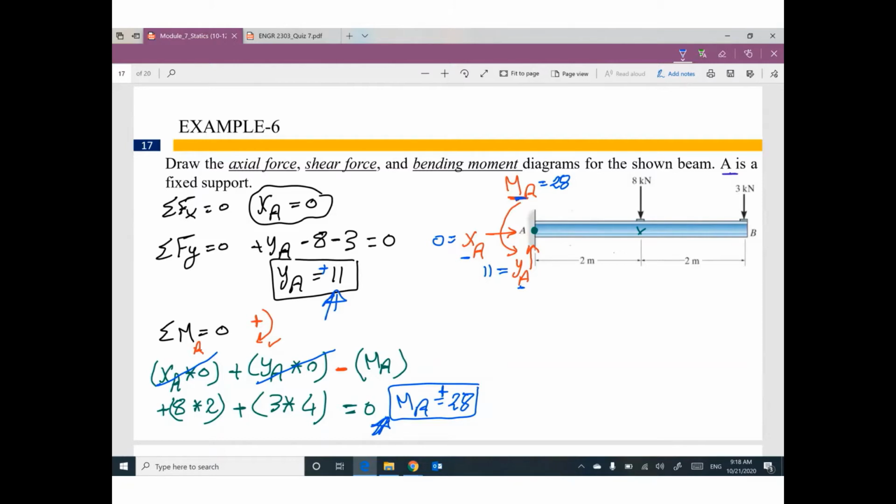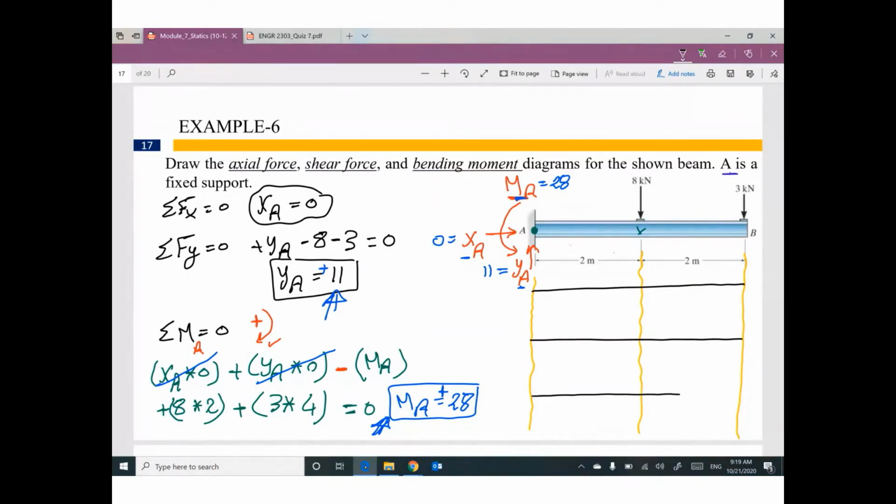Next step. I'm going to draw vertical lines at each force, at each change in the beam. And I'm going to draw three copies of this beam: one for the normal force diagram, the second for the shear force diagram, the third for the bending moment diagram.